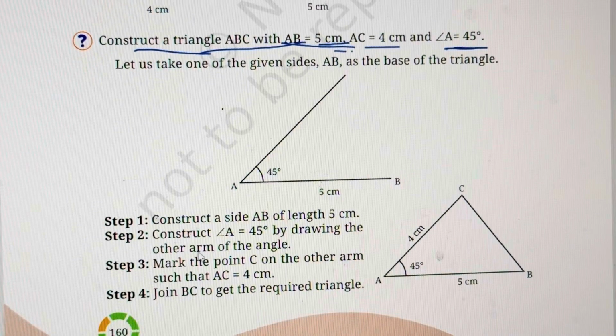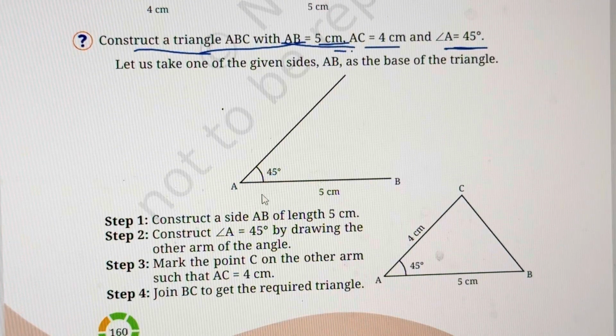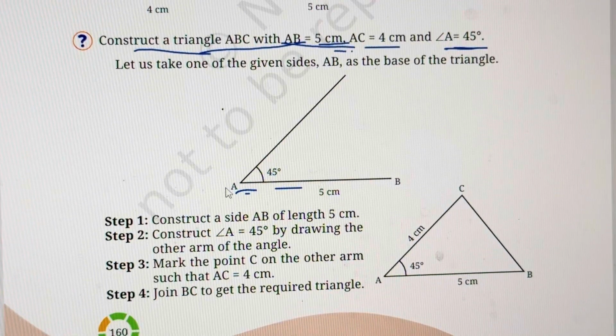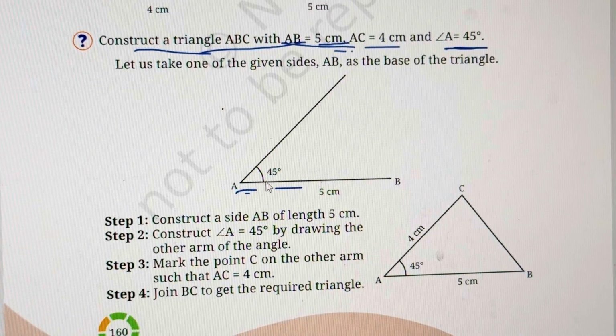So I'll just explain you the steps and then I'll show you how to construct. So we'll take one of the sides. Most of the time we take the longest side as the base. So we take AB as the base, 5 centimeter. That we can construct with the help of a scale, ruler and pencil. Then we mark point A and B. Then at point A, because here A is given as 45, we keep the protractor and mark a point and measure 45 degree.